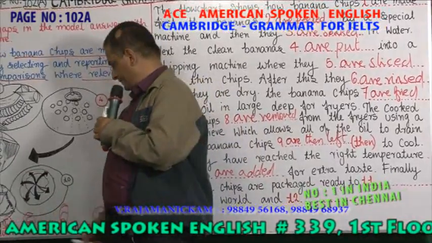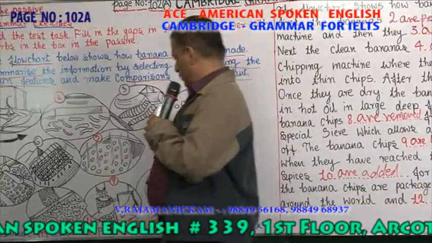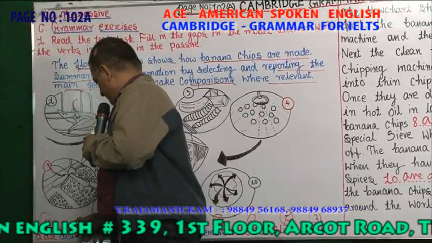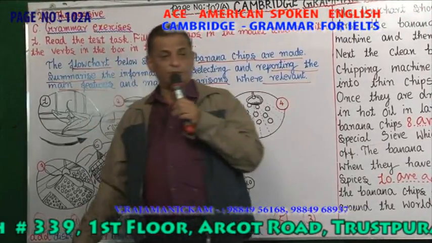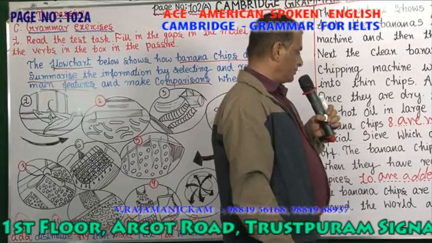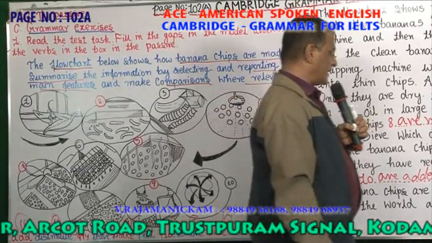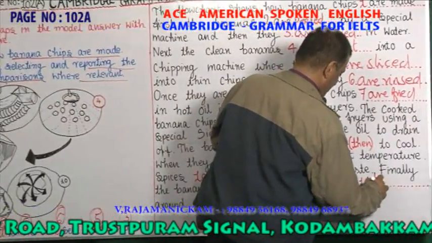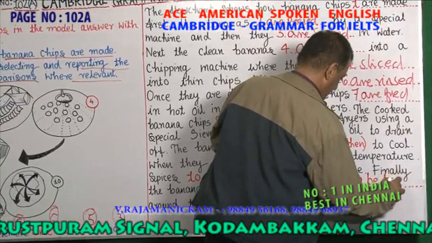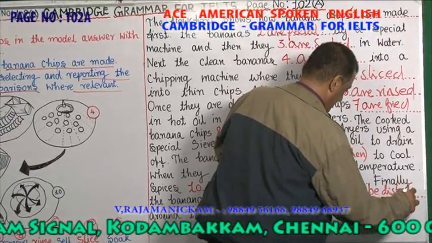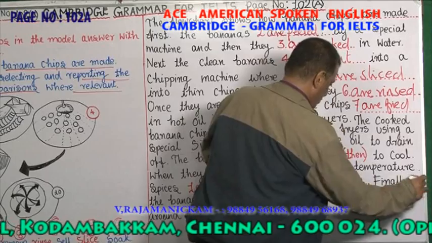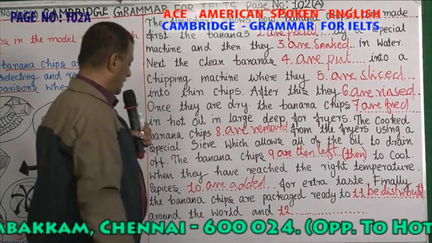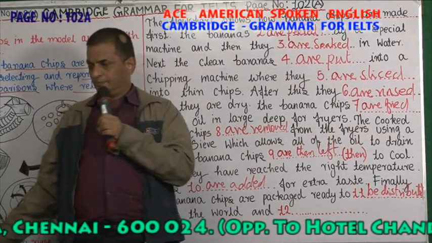Finally, the banana chips are packaged, 11th, ready to be distributed, right? To be distributed around, and 12.